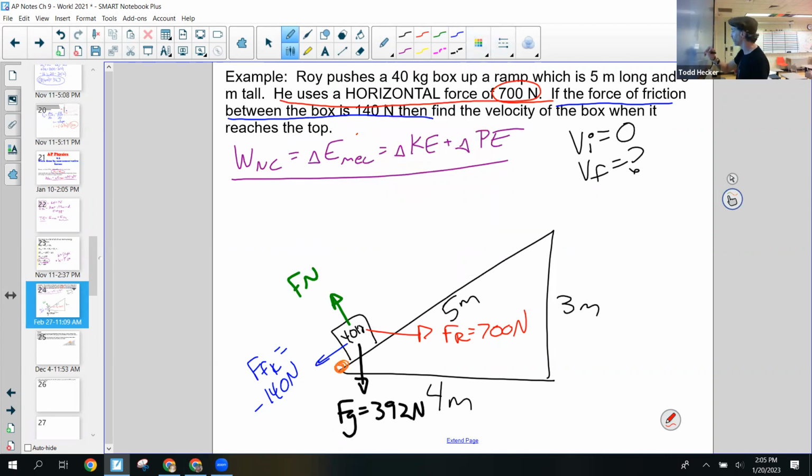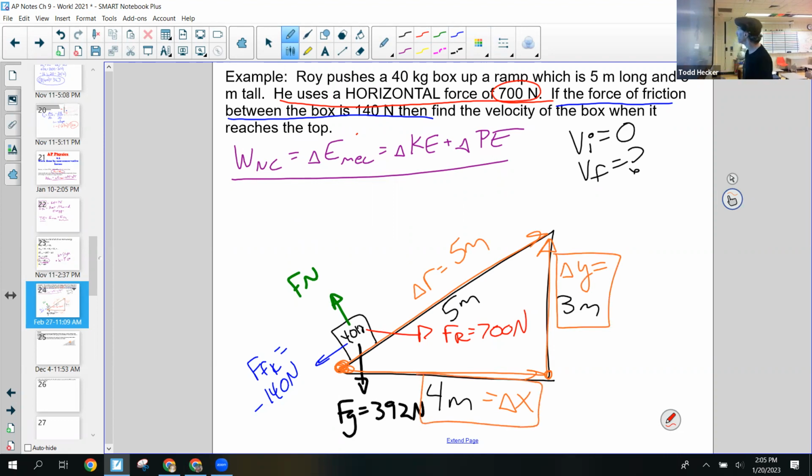So the actual displacement is along the hypotenuse of my triangle. That's the 5 meters. All right, as it does that, it has horizontal displacement of 4 meters and vertical displacement of 3 meters. Okay. All right, so with all of that in mind, let's solve this.